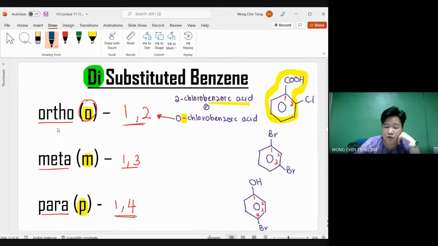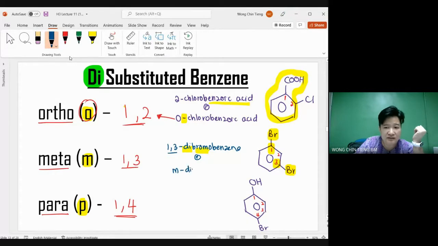When you have 2 bromo, the name can be 1, 3-dibromobenzene. Sebab apa dibromobenzene? Sebab saya ada position 1 bromo, 3 bromo. So dibromobenzene. Tapi selain daripada 1,3-dibromobenzene, kita boleh ganti 1,3 tu dengan M. Sama juga dengan O, kita akan guna dash.